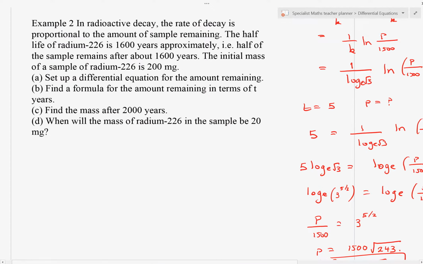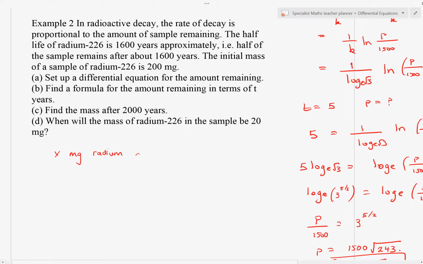Now, in radioactive decay, the rate of decay is proportional to the amount of sample remaining. Once again, this is very straightforward and simple and very comparable to the one we've just done. If we have X milligrams of, is it radium?